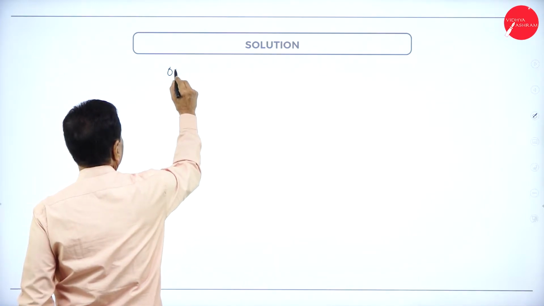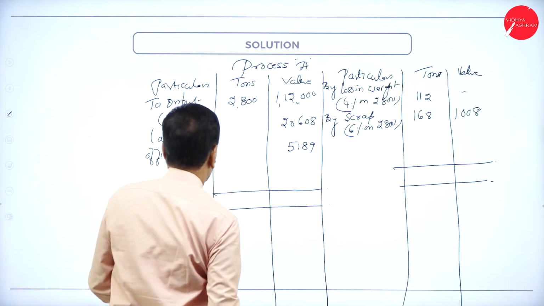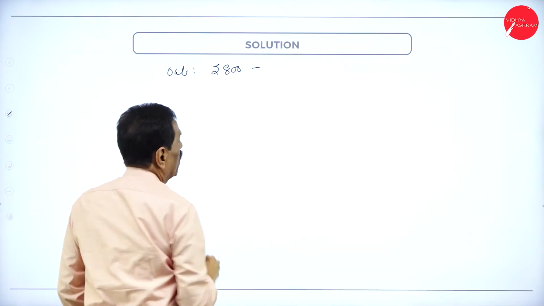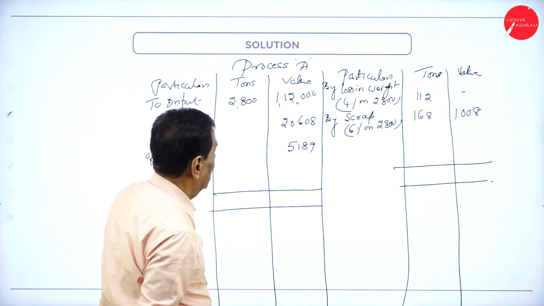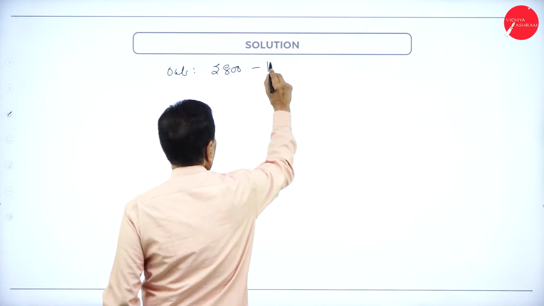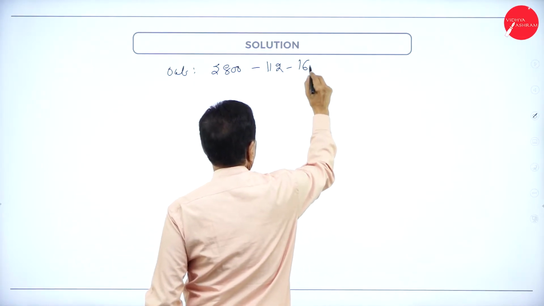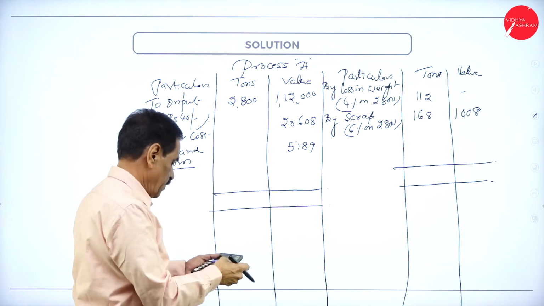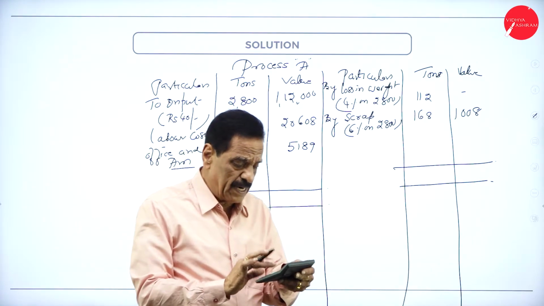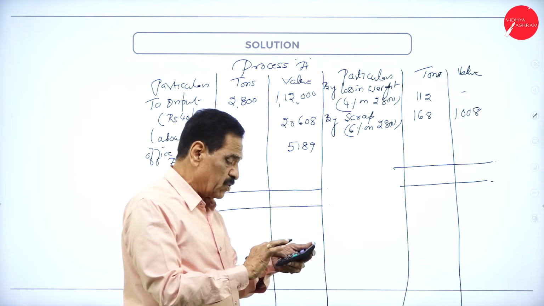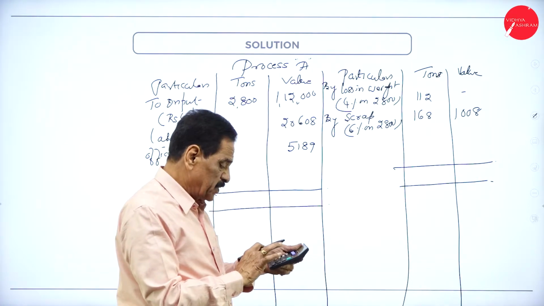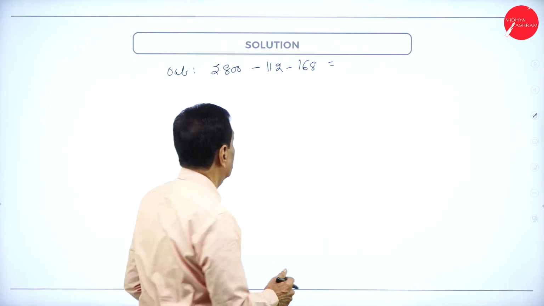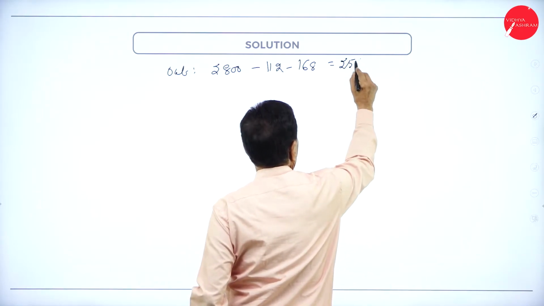Output is equal to 2,800, out of that 112 loss in weight minus 168. So 2,800 minus 112 minus 168, 2,520 is the output.